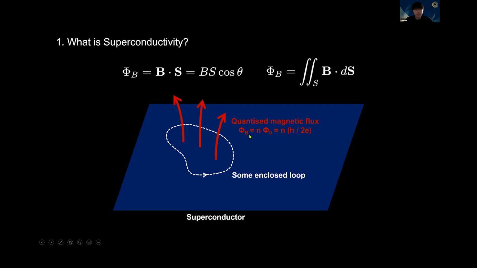So the magnetic flux through any area must be either 0 or 1 flux quantum or 2 flux quanta, and so on. The value of this flux quantum is given by h over 2e, where h is the Planck constant and e is the electron charge.